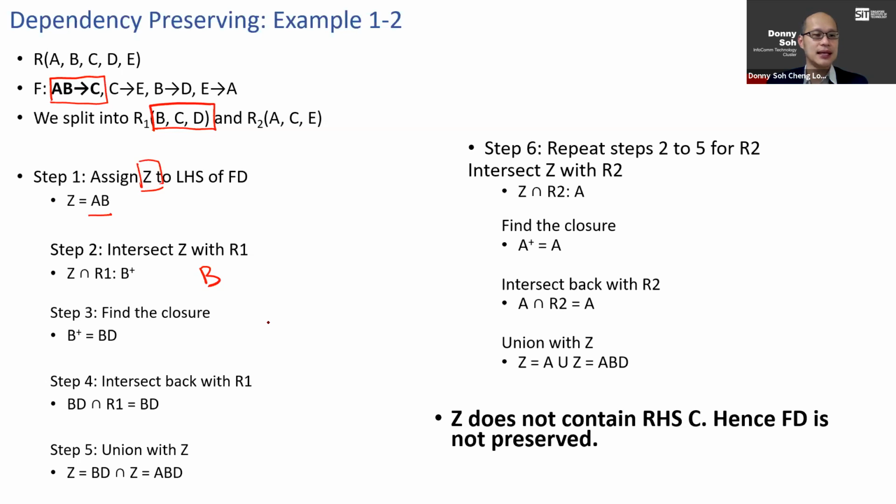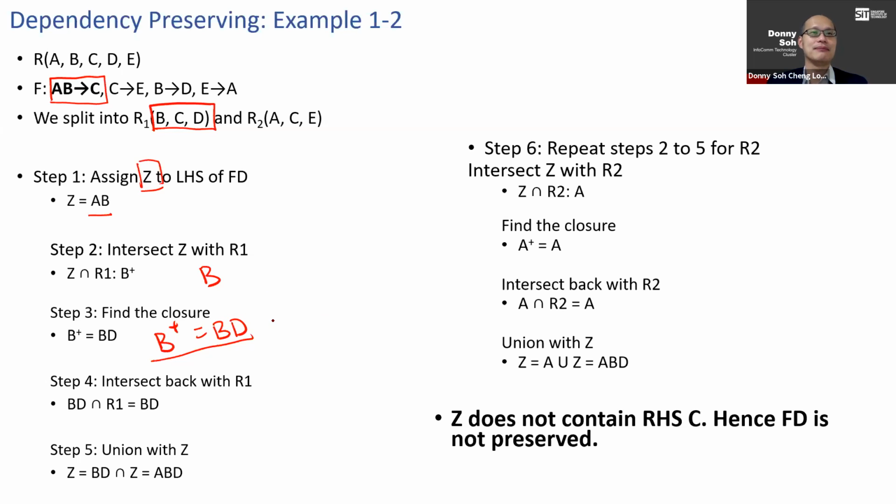The next step is to find the closure of B. The closure of B based on these functional dependencies is BD. You all can know why I get this, right? Because from all my FDs, I know that B implies D, and there's nothing else I can do over here.